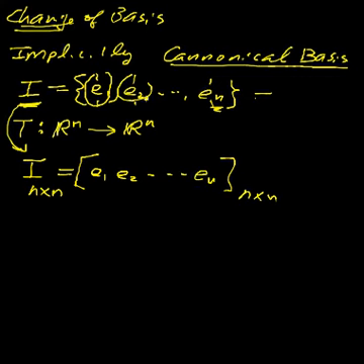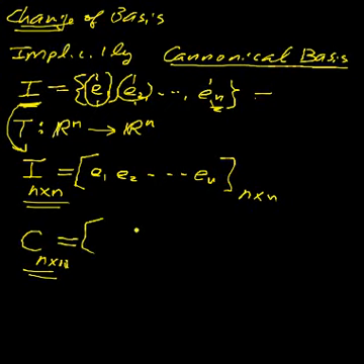So when we say change of basis, we want to use a different basis than this I, which is n by n. Here we'd like to use a C, which is a new one. I'm going to introduce the column vectors of this C as v1, v2, dot dot dot, vn, as typical vectors.